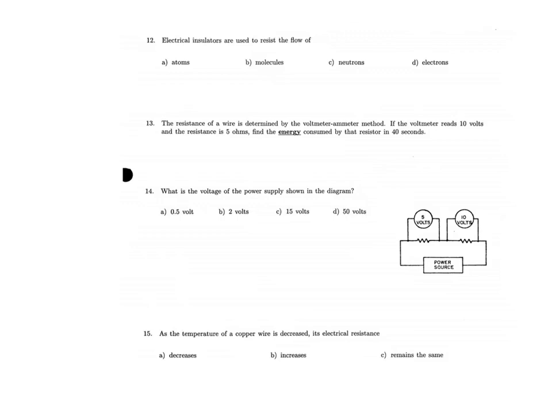Electrical insulators are used to resist the flow of electrons. What an insulator is: a conductor lets electrons flow, an insulator reduces the flow. The resistance of a wire is determined by the voltmeter and ammeter method. If the voltmeter reads 10 volts and the resistance is 5 ohms, find the energy consumed by that resistor in 40 seconds. Okay, so we're doing V equals IR to find the current.